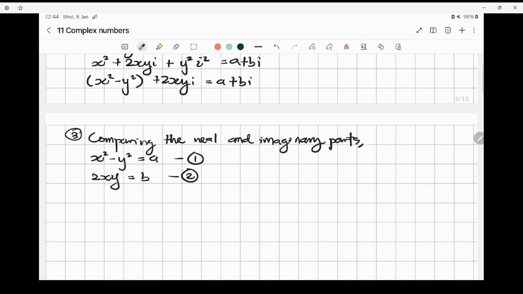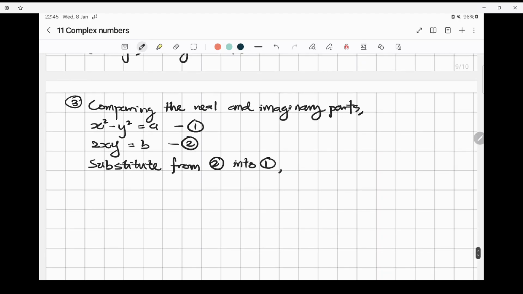Then what you need to do is to substitute either x or y from equation 2 into equation 1. Let's call this the fourth step, because at this point you need to look at examples.